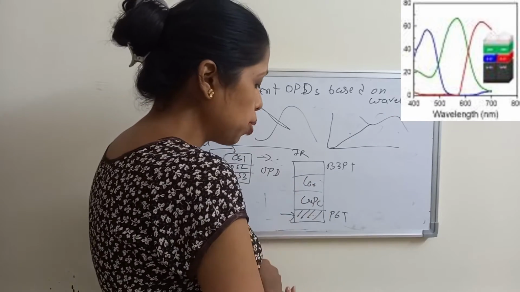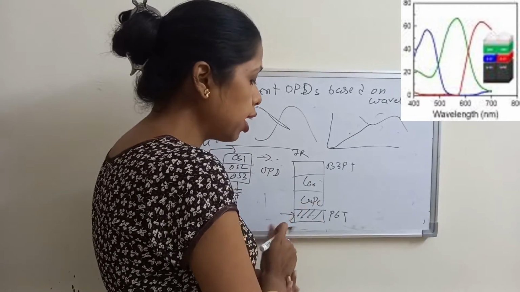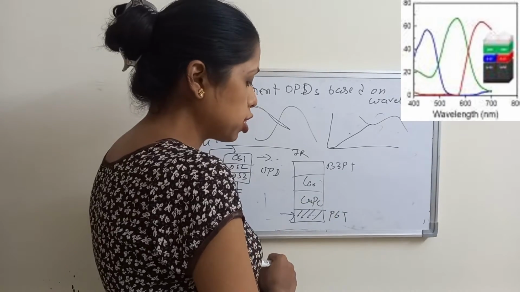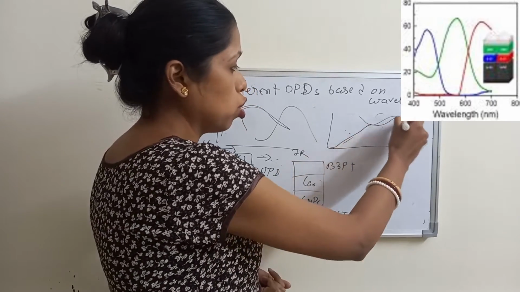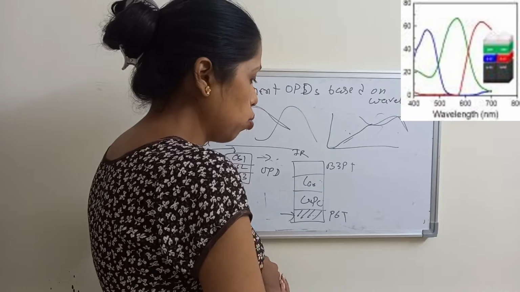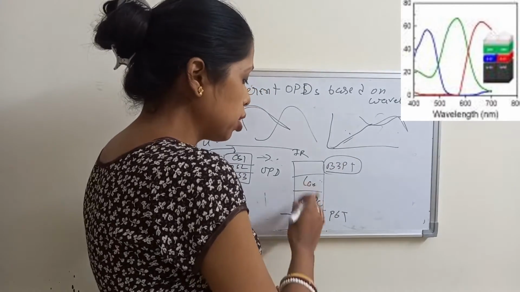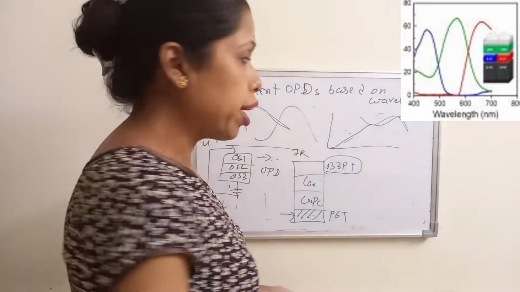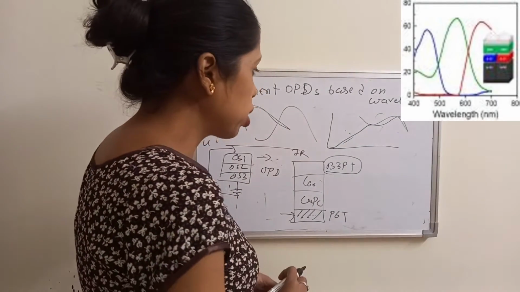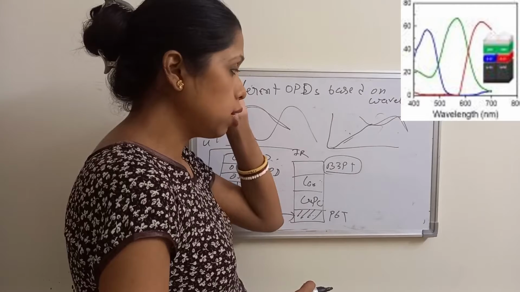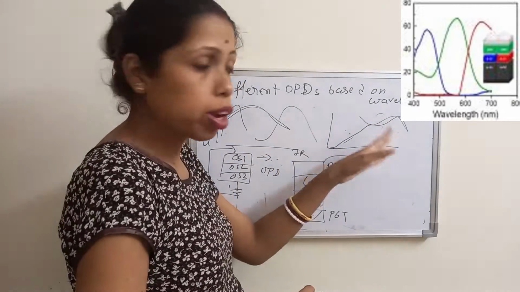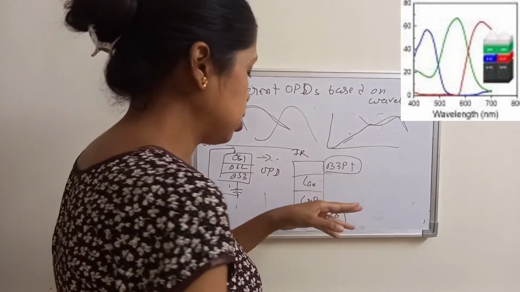If we add the P6 layer, if we increase the layer, it can absorb the blue light. Only it can detect the red light. In this way, there is a role of the B3PT. These are the absorbing layers. By adding the absorbing layer, we can change the absorption range. That will be used for wavelength selectivity.